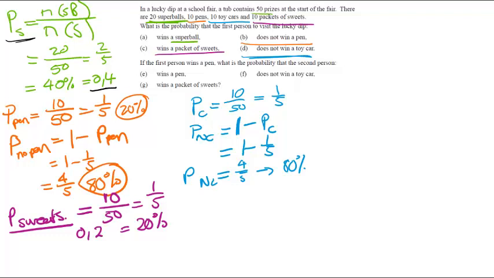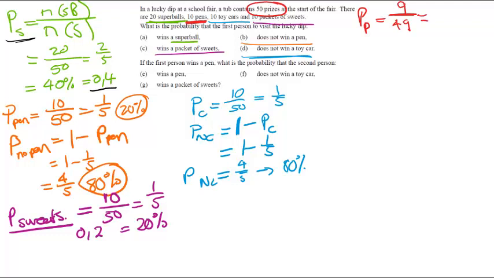If the first person wins a pen, what is the probability that the second person will also win a pen? Now, the implication of this question is that the total at the bottom is going to change. That 50 is going to change. So the probability of getting a pen now becomes, because the pens have now reduced, it's no longer 10 options, it's now 9 pens, and the total number of prizes is now no longer 50, it is 49.